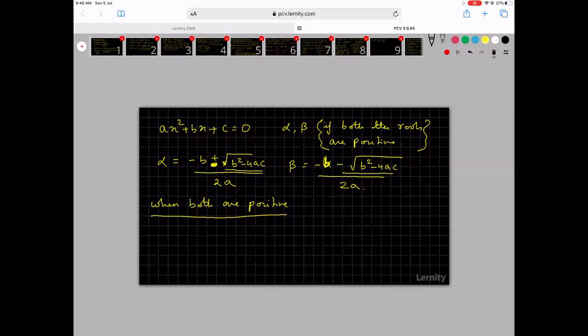So first thing is that b should be negative, so that when you do minus b, it becomes positive. Then the second thing is that minus b should be greater than root over of b squared minus 4ac.